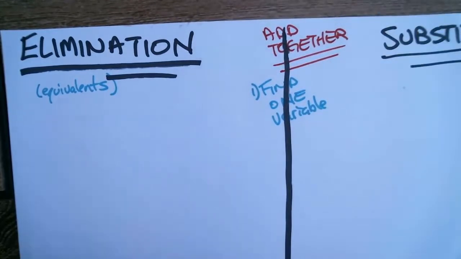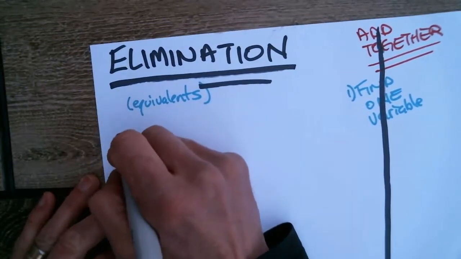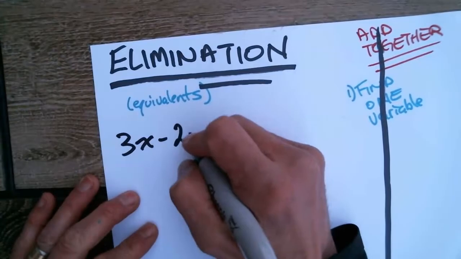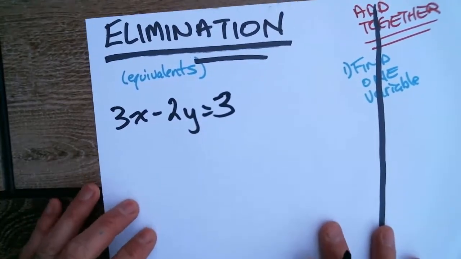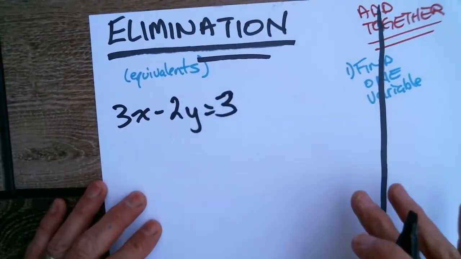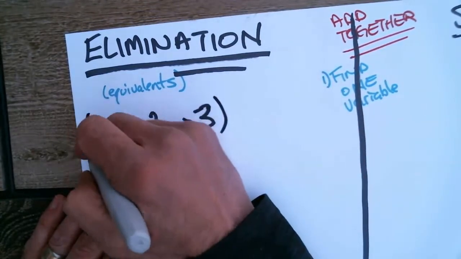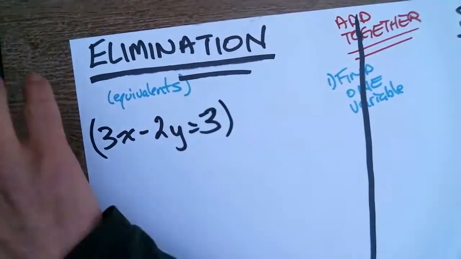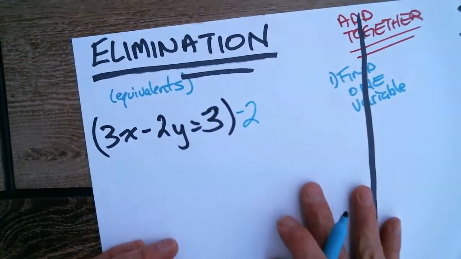Let's just do one here. I take an equation, 3x minus 2y equals 3. Now I could plot this, but I'm not going to. If I multiplied this entire thing by, let's say, negative 2, we'll make it easy.